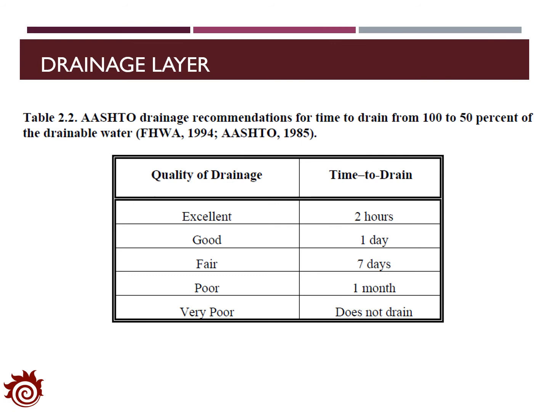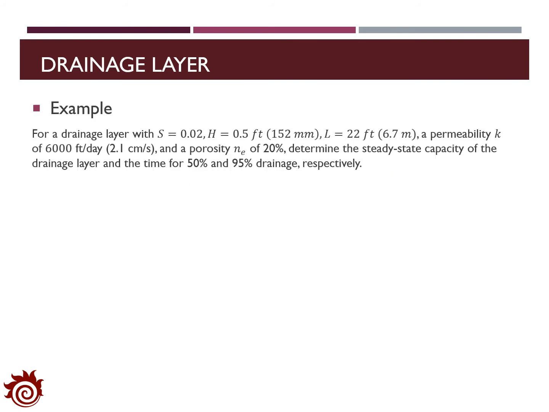The table here categorizes the quality of the drainage system based on the time for 50% drainage. Basically, if the time is less than 2 hours to drain 50% of the water, then the drainage system is excellent. If it's less than 1 day, then that is good. If it's more than 1 month, then we say that it's very poor. In this example, we will see how to estimate the capacity under the steady state and unsteady state.